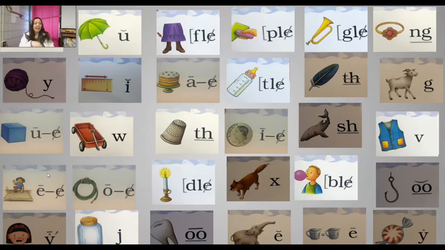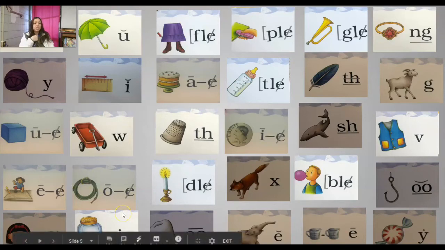Cry, I. Vowel Y. Jar, J. Tooth, oo. Digraph O-O. Elephant, E. Equal, E. Candy, E. We say vowel Y. Very good.